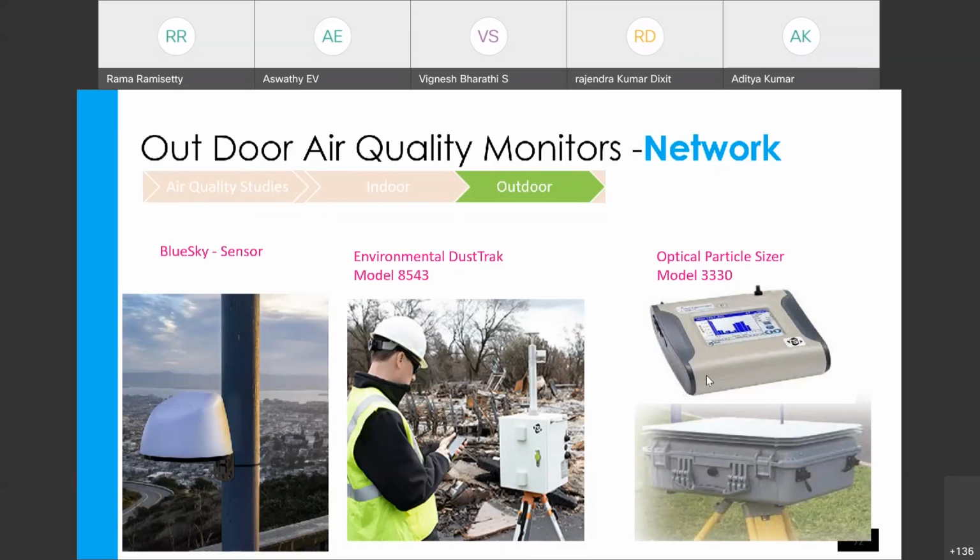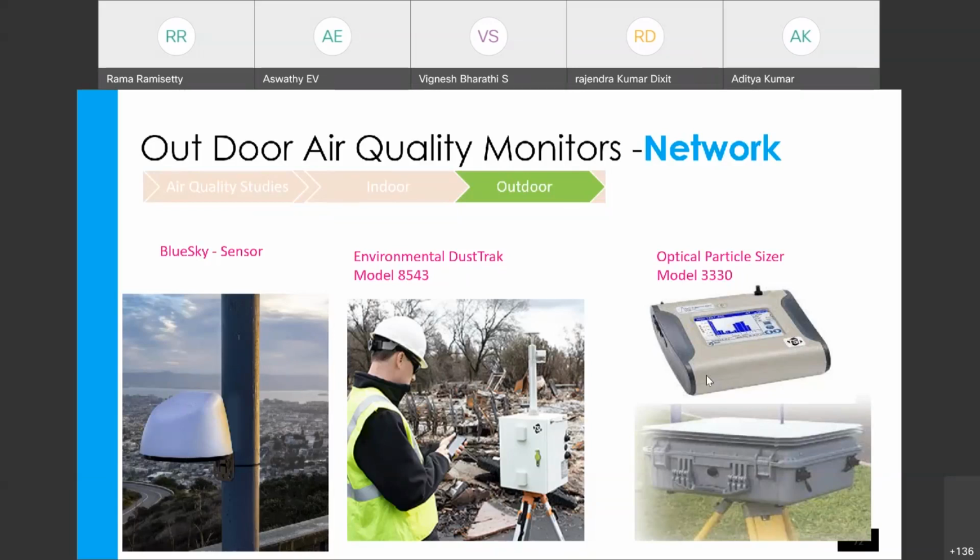Otherwise, the other method nowadays: for example, CPCB in India has its own air quality monitoring stations. They are getting the station data every day. Based on that, if we feed that data globally to any server, then they can analyze how much pollution there is in each city.